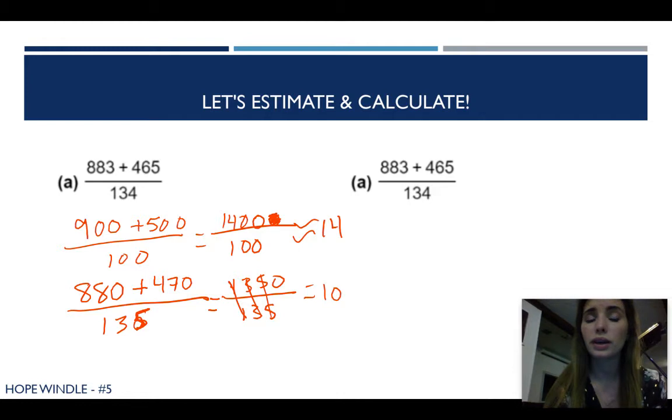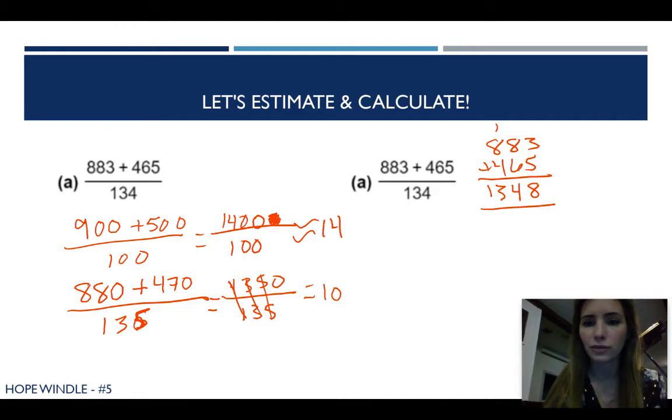So let's go ahead and say 883 plus 465. Remember to carry our 10 here. So 1348, all divided by 134.